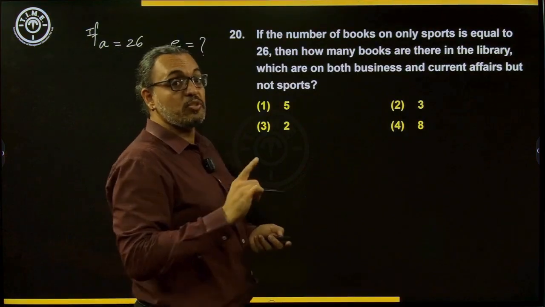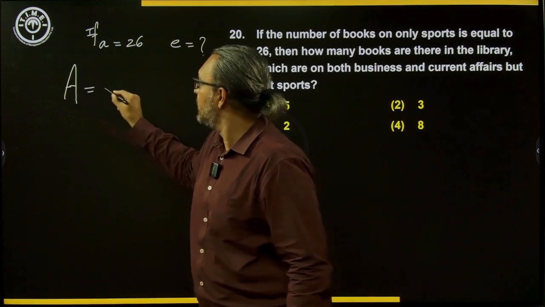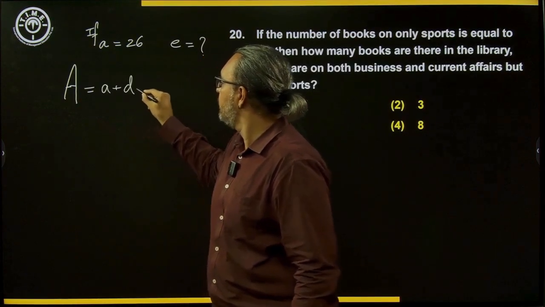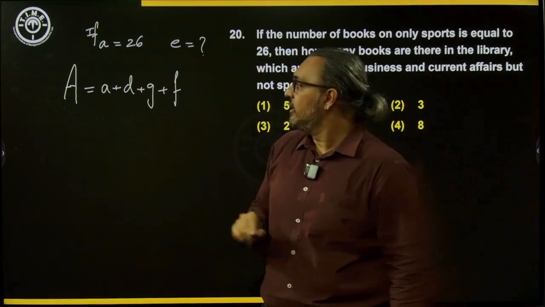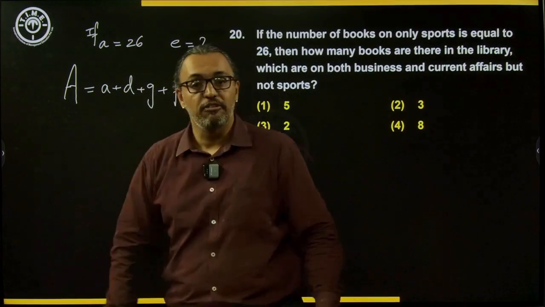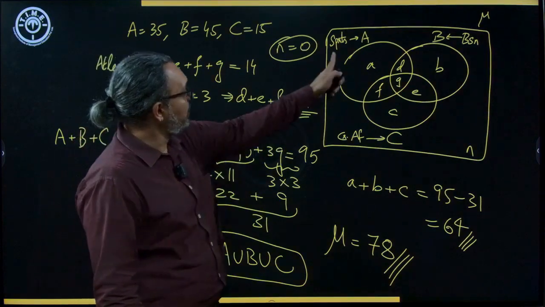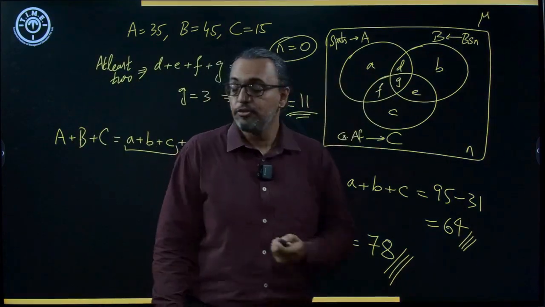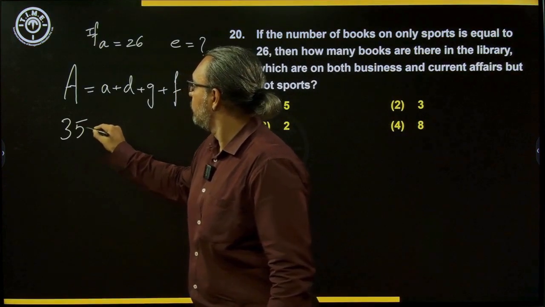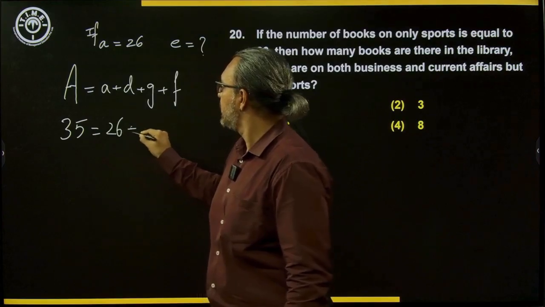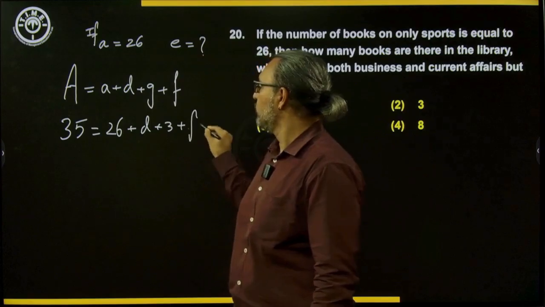Okay. So since a small a value is given, we will take capital A. So what is capital A? A plus D plus G plus F. So we know capital A. What is the value of capital A? 35. Because capital A is ADGF. Correct? So we take capital A. So 35 equals 26 plus D. G we know is 3 and F we don't know.